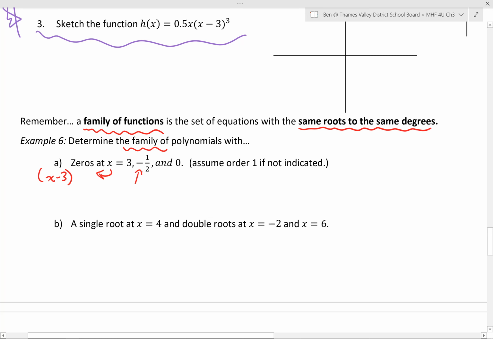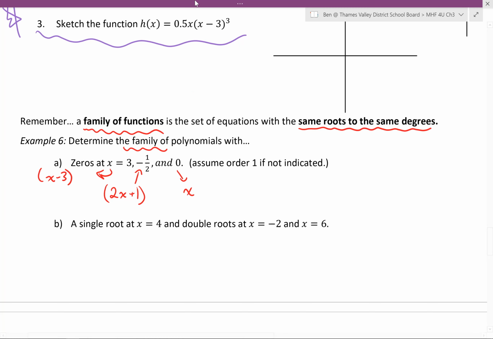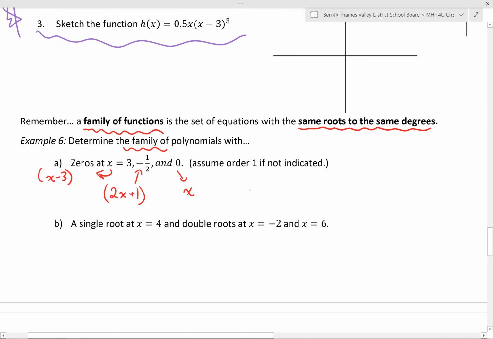If there's a zero at x equals negative 2, that means there's a factor of 2x plus 1. If there's a root at 0, it means there's a factor of x. So what I'm not looking for you to do is just say that our polynomial is y equals x minus 3, 2x plus 1 times x.